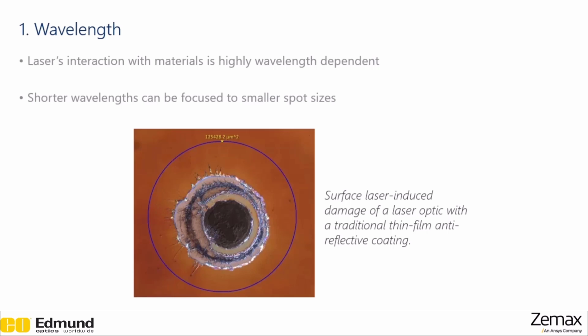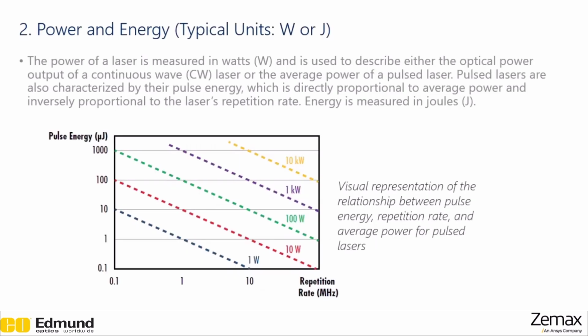So here's an example of laser-induced surface damage to an optical coating on an element. So care needs to be taken that the correct optics are used with a laser system.